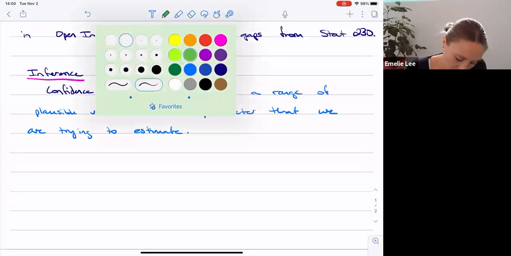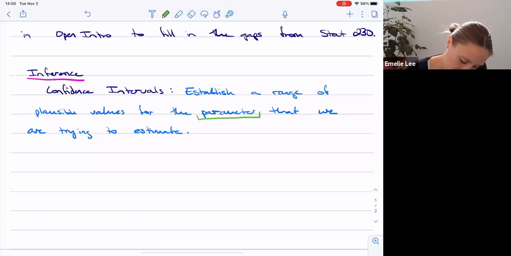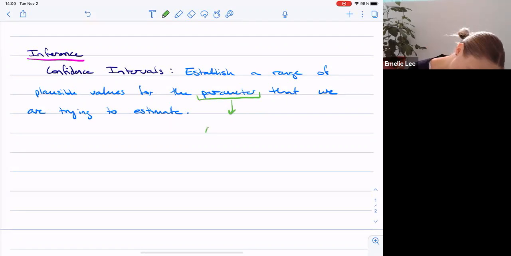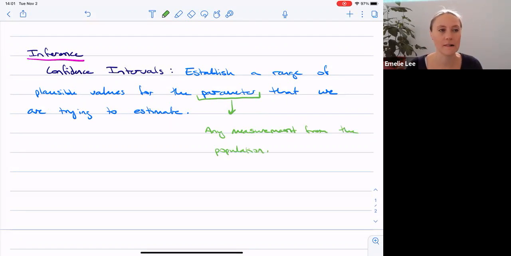And just as a reminder, a parameter is any measurement from the population. Population parameter, P and P go together. And remember the sample and statistic, right? A statistic is any measurement from the sample.